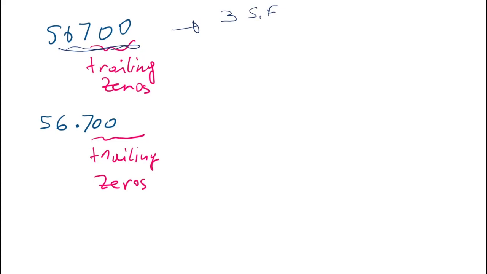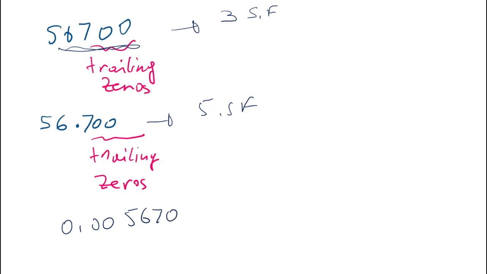Now, in this case, we have a decimal point here. If there is a decimal point, the trailing zeros count. This will be 5 significant figures. So this is how we count them. Now, let's say I have 0.005670.